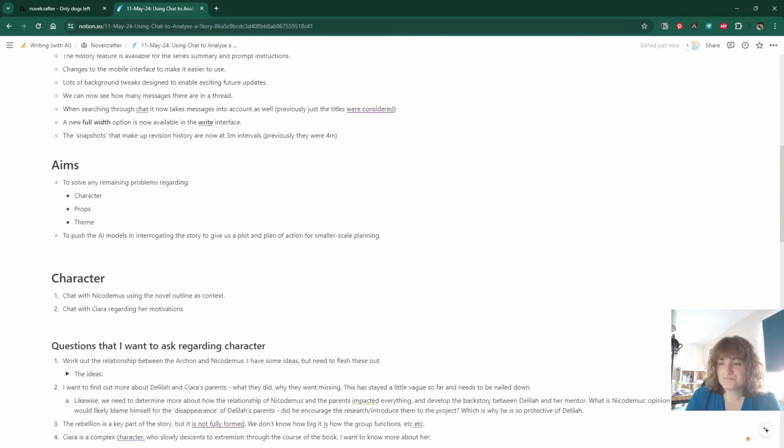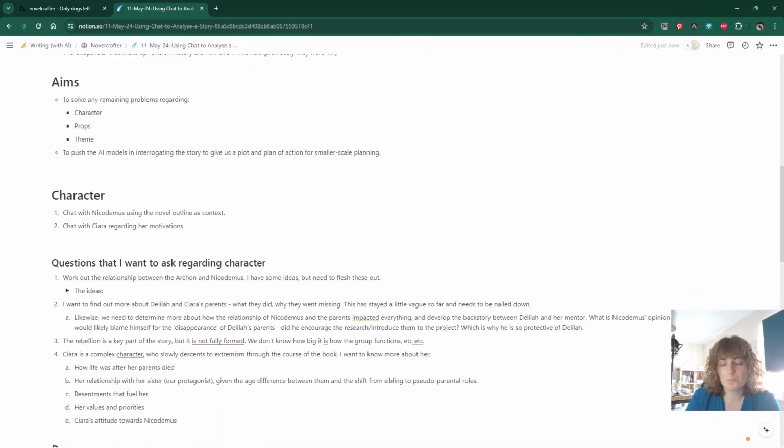Okay, so in my prep for this, I thought, well, one of the characters we really need to flesh out, and it's always such a weird term, but one of the characters that I really want to get into is Nicodemus. He is both the mentor figure and also a catalyst for a lot of the stuff that goes on in different subplots. So I feel that it would be a worthwhile thing to chat with him, get some of the context, just have a play about with that.